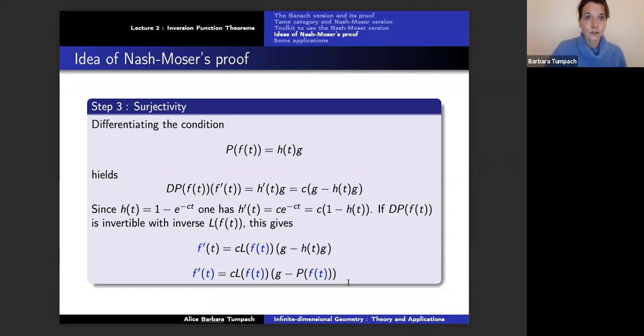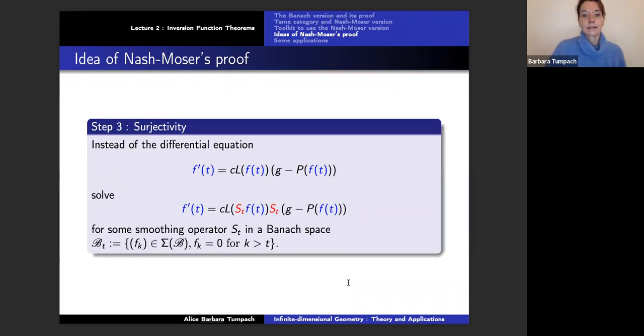Now to use this Cauchy theorem, we have to go back to some Banach space. So instead of solving the differential equation we are interested in, we use some smoothing operator, which will write this differential equation in some Banach space. So we approximate this equation by some equation on Banach spaces.